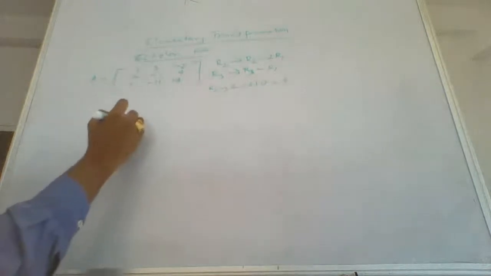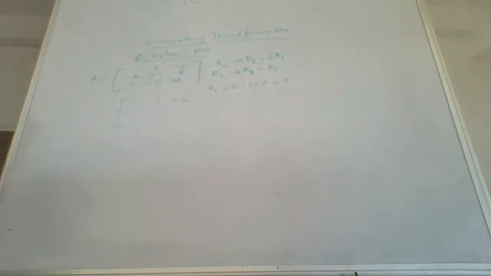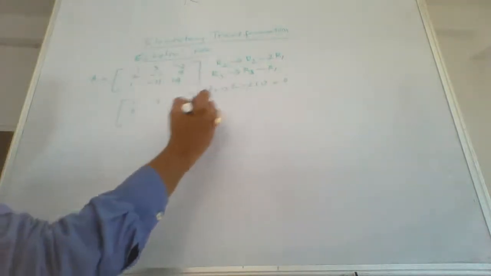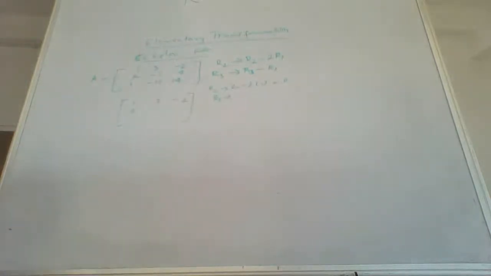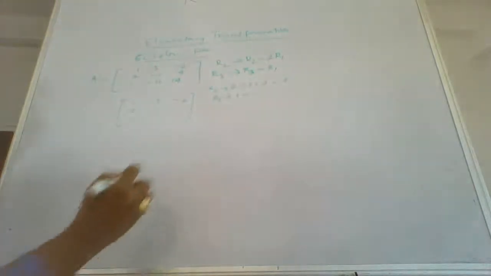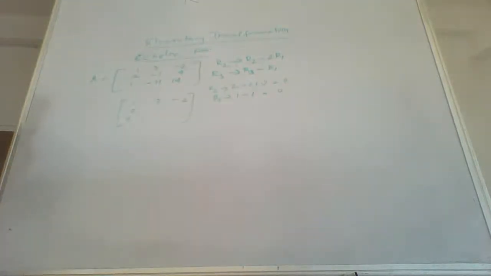So row 2 I'll have as 0. You're able to understand, right? Again, using the formula, row 3, which is 1, and row 1, which is 1, results in 0. I hope you understood how I've done this.